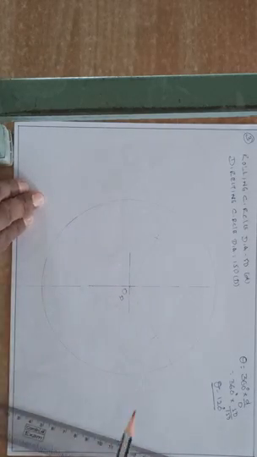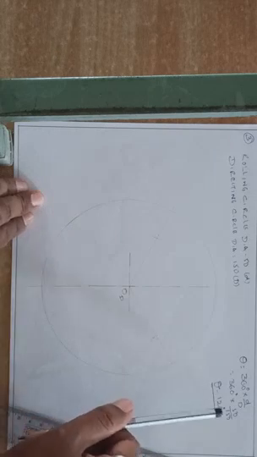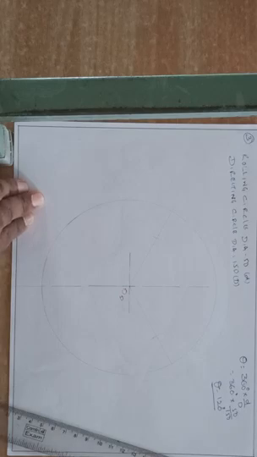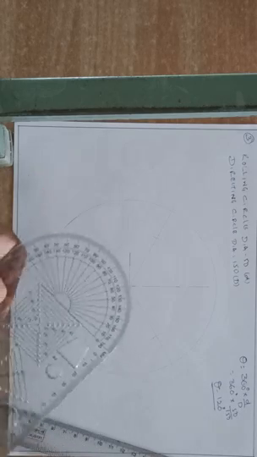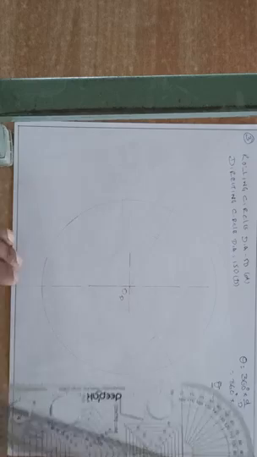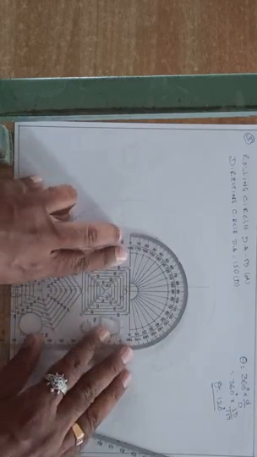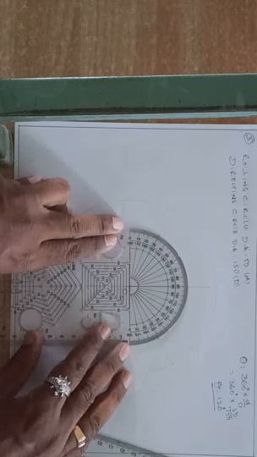Now the angle obtained here is 120 degrees. 180 degrees minus 120 degrees means 60 degrees. 60 degrees divided by 2 means 30 degrees.